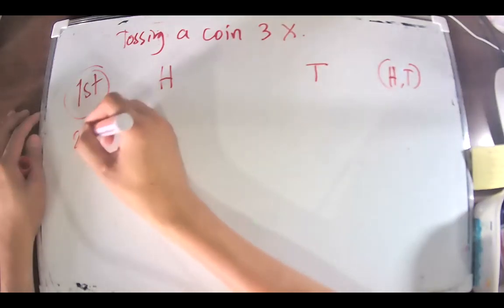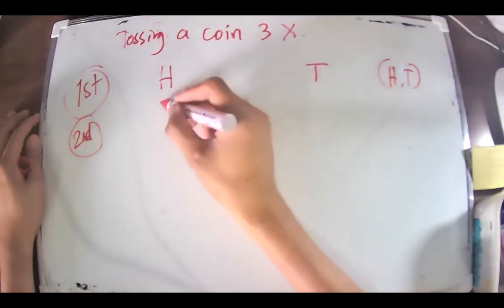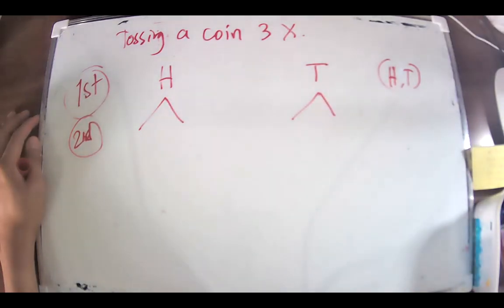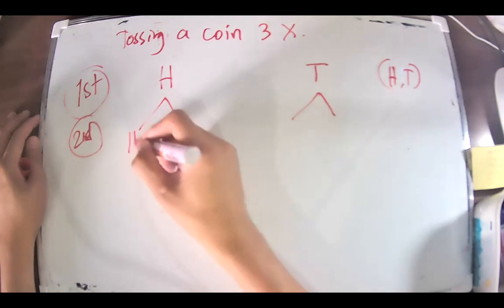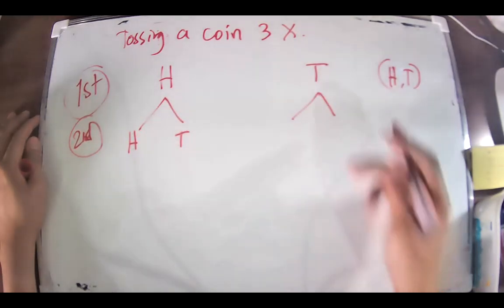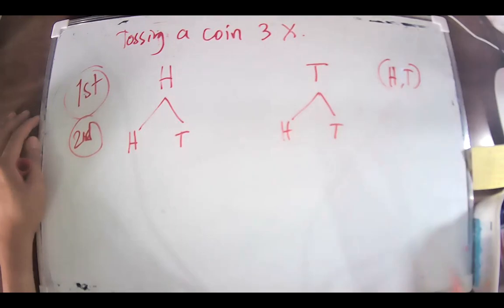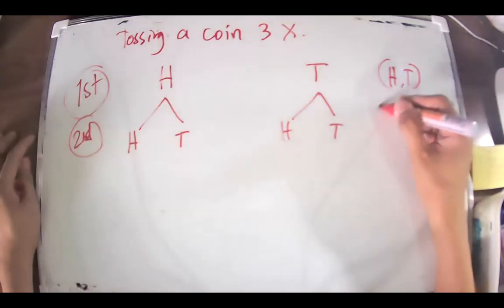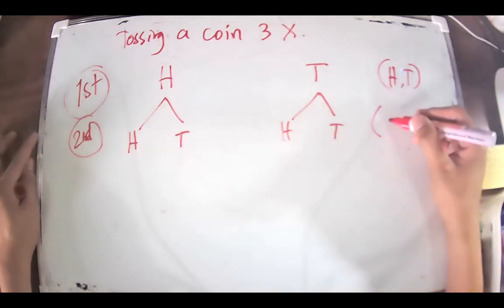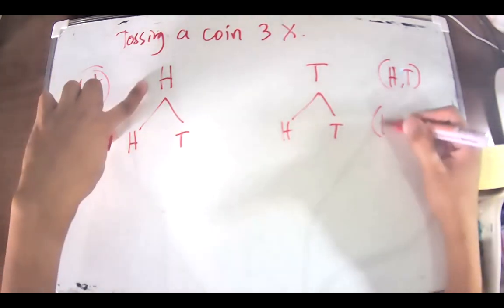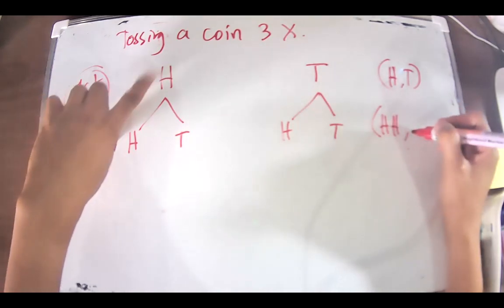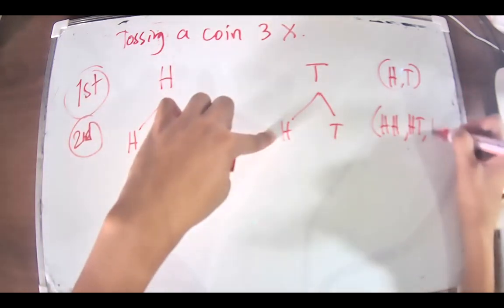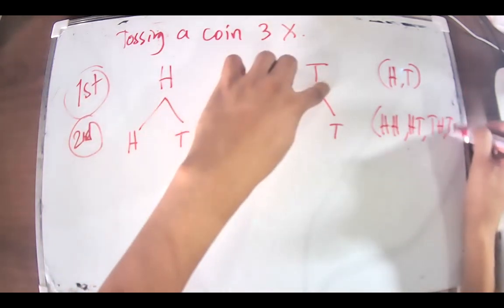Sa second toss natin, okay, so gagawa ulit tayo ng branches. So yung H, pwede pa rin siyang maging H or T. Sa T, pwede pa rin siyang maging H or T. So for our second layer, meron na tayong HH, HT, TH, TT.